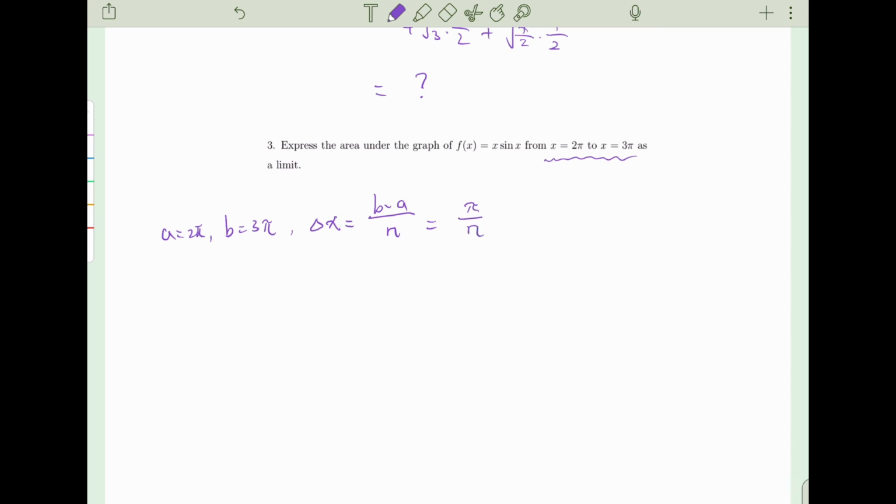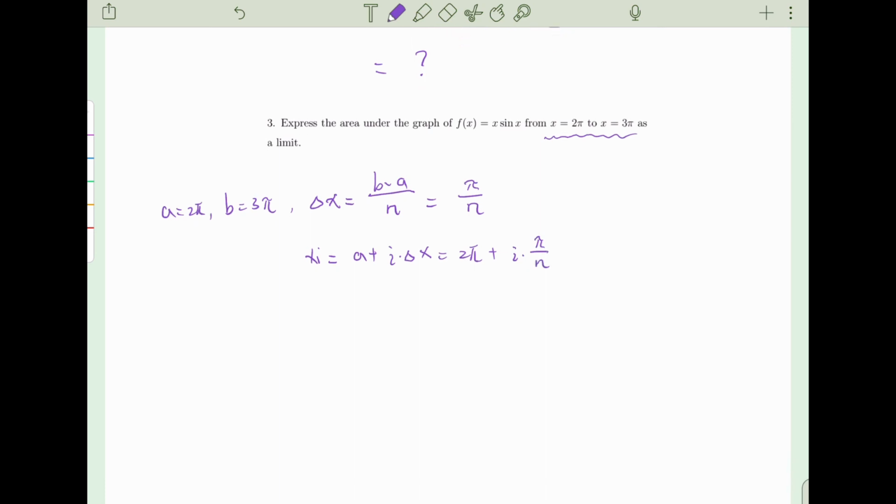Okay. And now we also want x_i. Right? x_i is equal to a plus i times delta x, which is 2 pi plus i times pi divided by n. Okay.